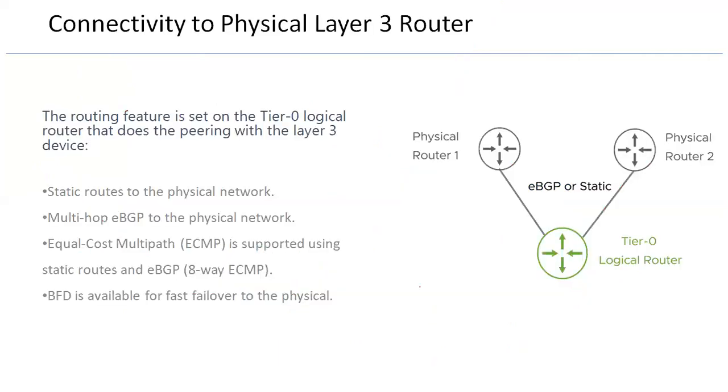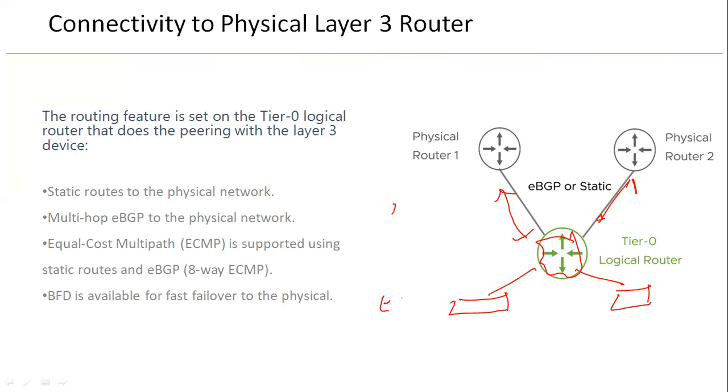Under the T0, the routing could be BGP or static routing. Within the T0, this T0 is presented by one or two edge appliances. The T0 is a logical construct, a logical component created under the edge appliances. eBGP is supported, but within my edge appliances there is a configuration of what we refer to as iBGP, internal BGP protocol, configured by default.